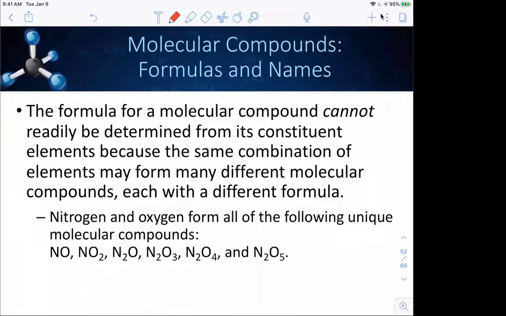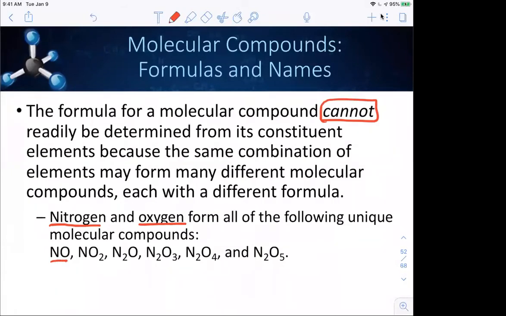The formula for any molecular compound cannot be readily determined from its constituent elements, because the same combination of elements can form many different molecular compounds, and each of those compounds can have a different formula. For example, if I combine nitrogen and oxygen, I can get a whole host of unique molecular compounds.